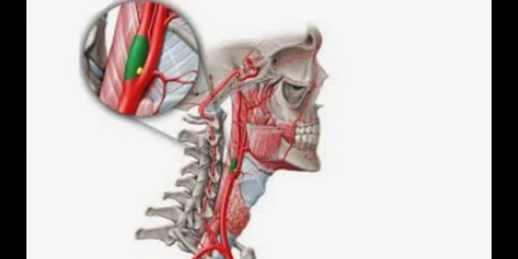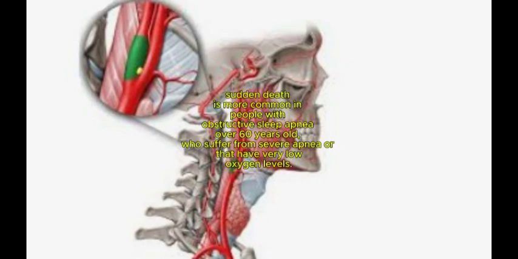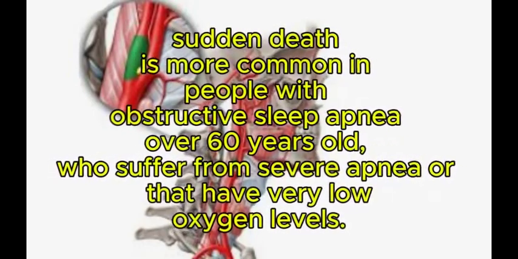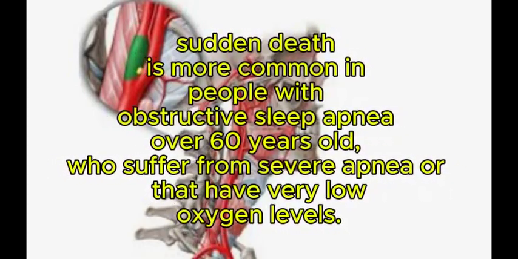And here I want to say that research shows that sudden death is more common in people with obstructive sleep apnea who are also over 60 years old, have more severe apnea, or have very low oxygen levels.